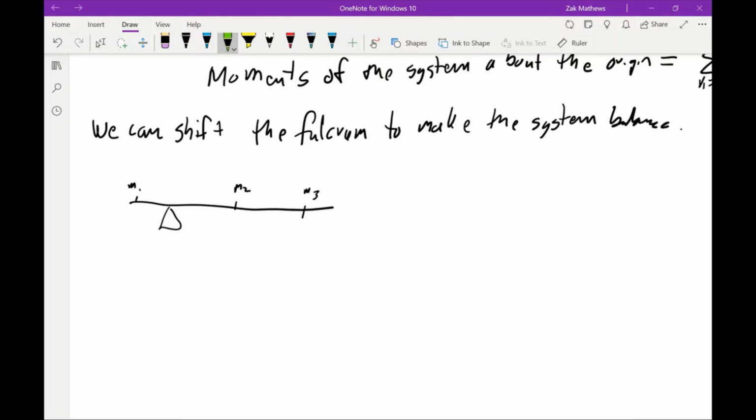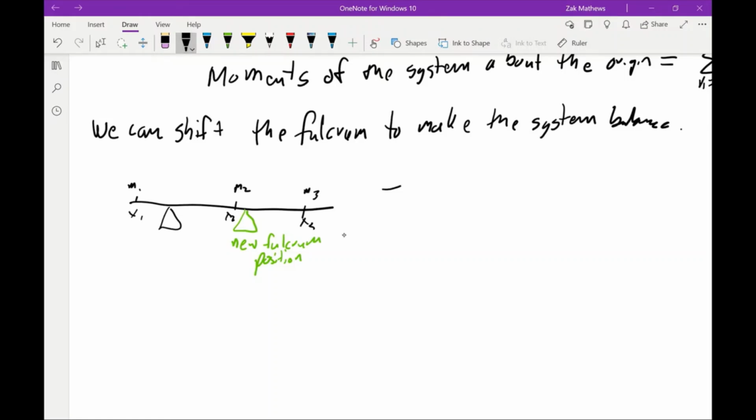If we found that right-hand side was out of balance, what if we shifted that fulcrum? Where we used to have an old position x1, position x2, position x3, compared to the origin, we can think about how far they have now moved.